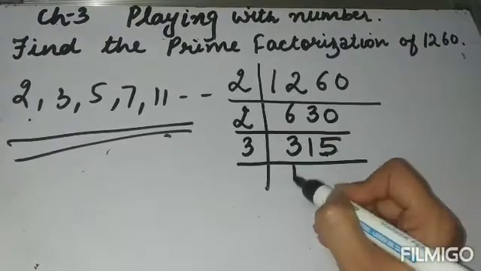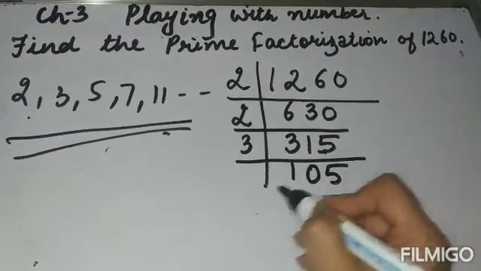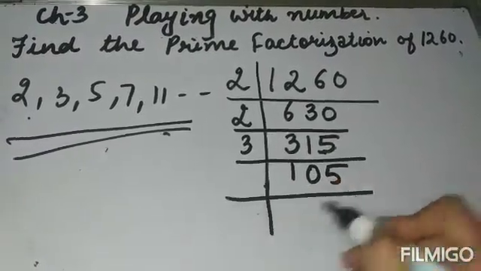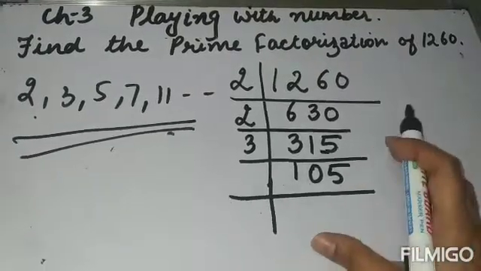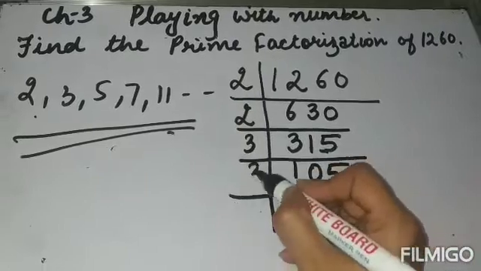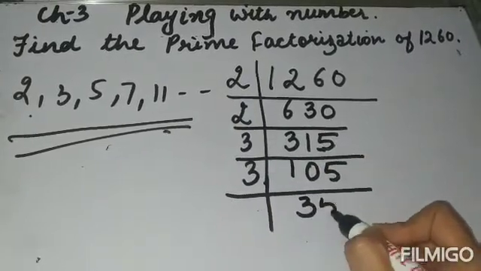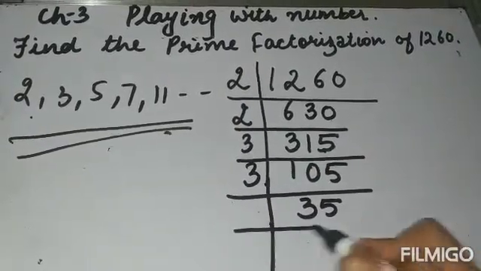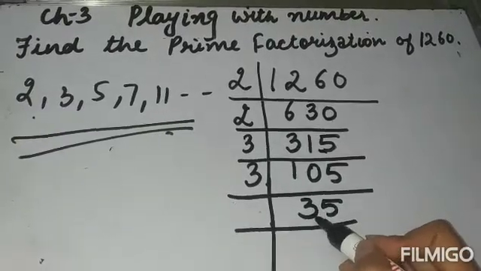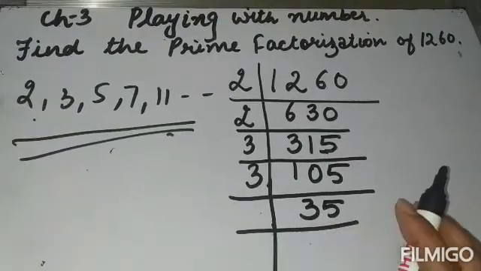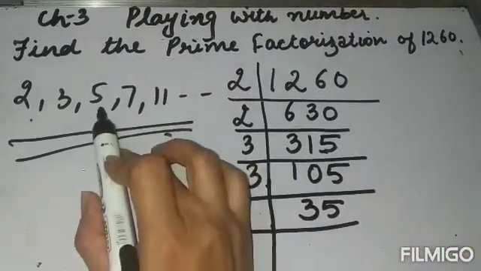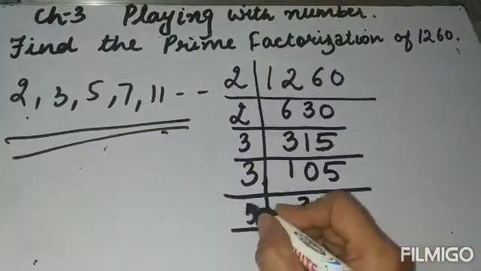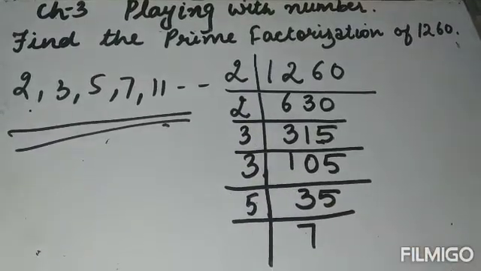So 3 ones are 3, 0. 3 fives are 15. Again 5 plus 1 is 6. That means this is again divisible by 3. 3 threes are 9. 3 fives are 15. Now 5 plus 3 is 8, not divisible by 3. That means move to the next prime number, which is 5. 5 sevens are 35.